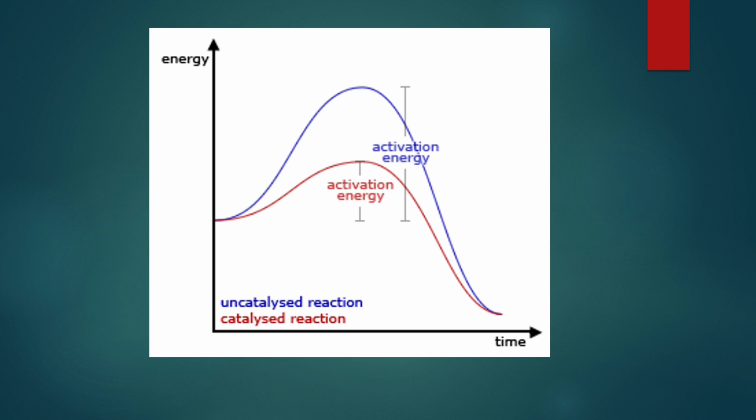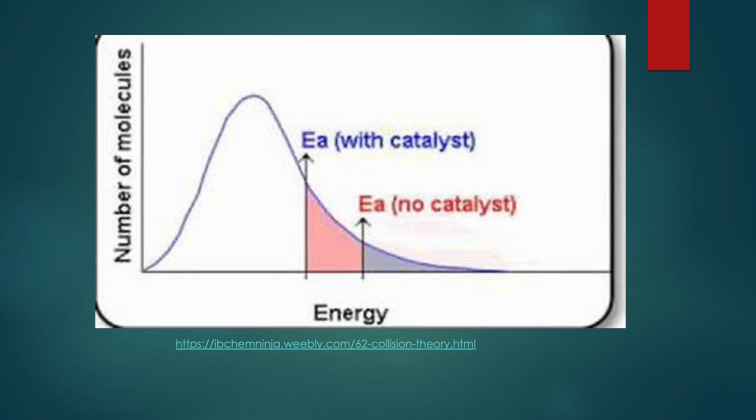And so here is a picture of the catalyzed activation energy versus the uncatalyzed activation energy. And so that's what they would have drawn on that potential energy diagram. This is the threshold energy for the catalyzed reaction versus the uncatalyzed reaction.